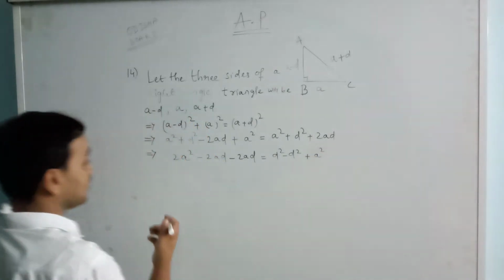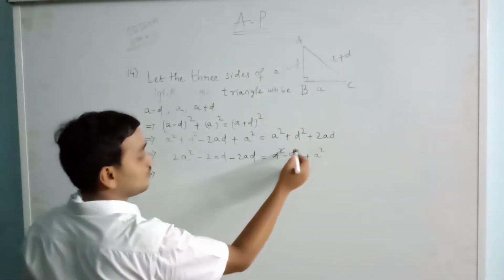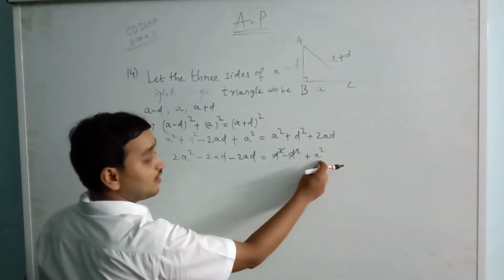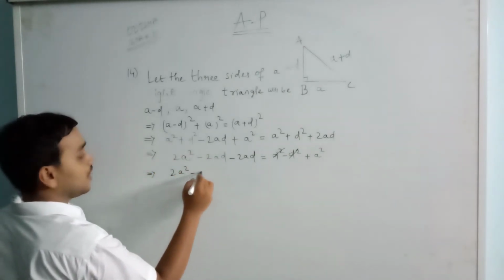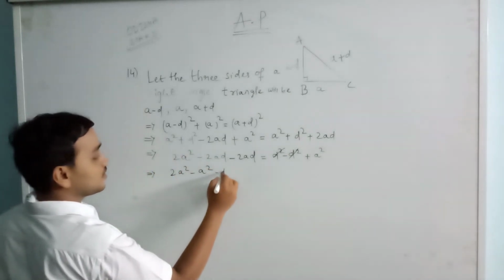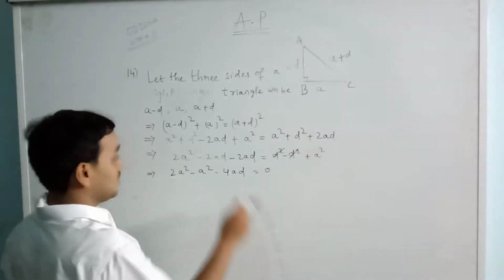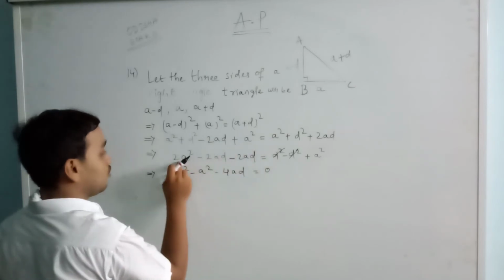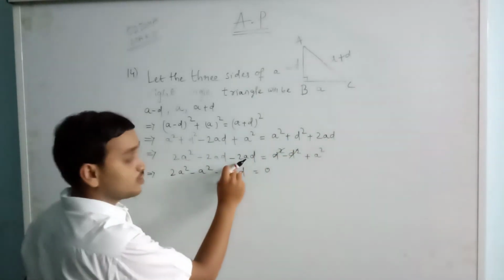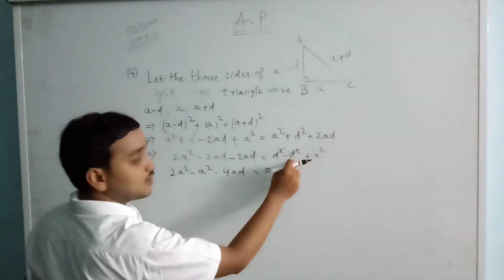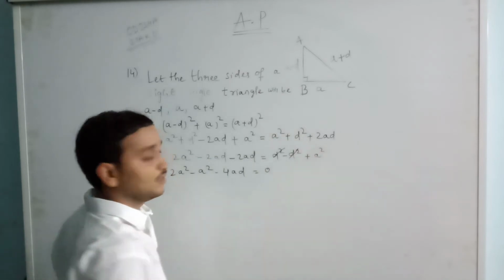See, this will be cancelled, and this A square will come to this side, so 2A square minus A square minus 4AD is equal to what? 0. See, A square plus A square is 2A square, minus 2AD and the other 2AD come to this side as minus 4AD, and D square on that side becomes minus D square, and this A square remains A square.